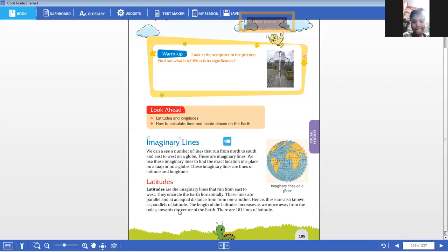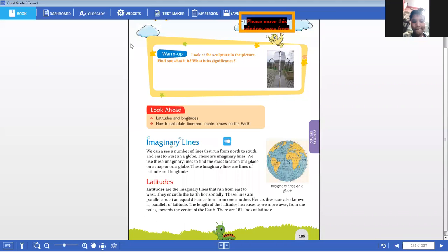The track has two lines, and on those two lines the train will move. Those two lines are always parallel. It means the distance between the two lines is the same.